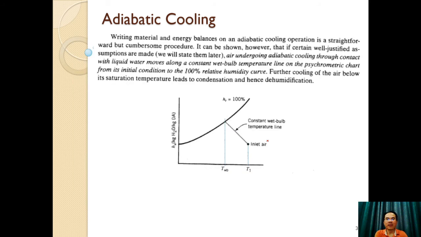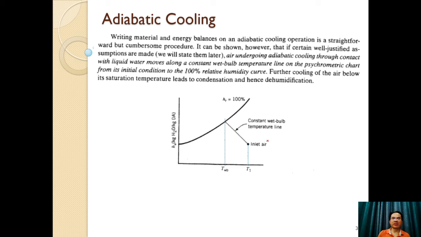For adiabatic cooling, the material and energy balance on an adiabatic cooling operation is a straightforward but cumbersome procedure. It can be simplified if certain well-justified assumptions are made; we will state them later. Air undergoing adiabatic cooling by contact with liquid water moves along a constant wet bulb temperature line, from the initial state to 100% saturation.